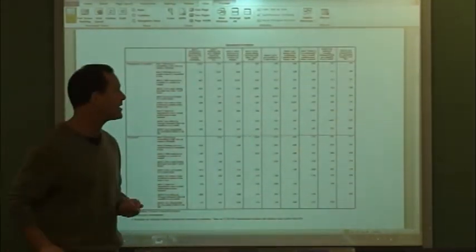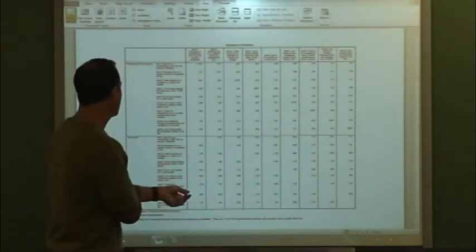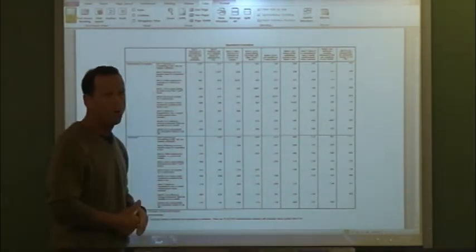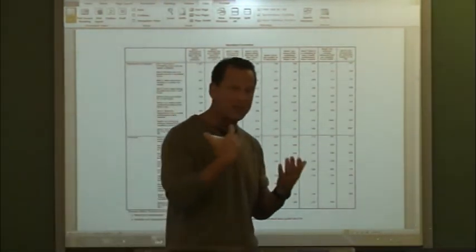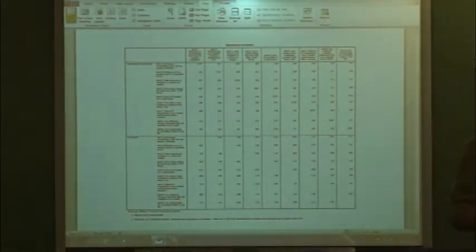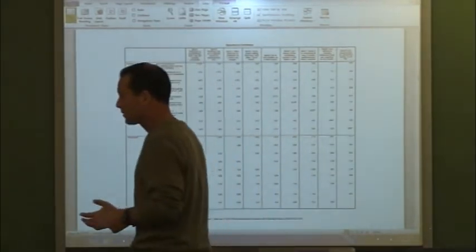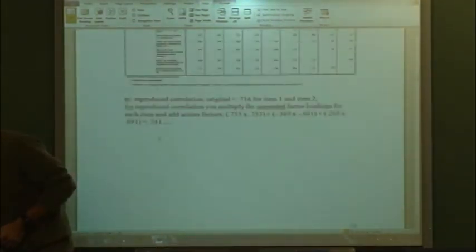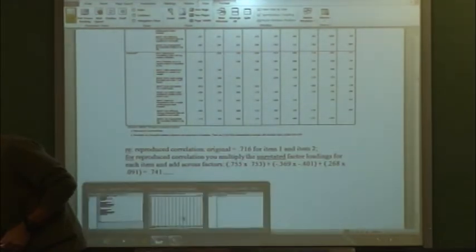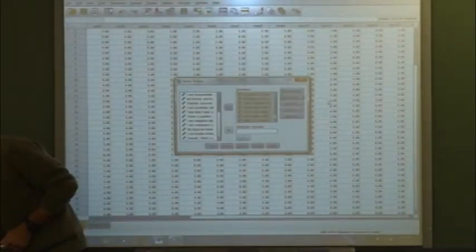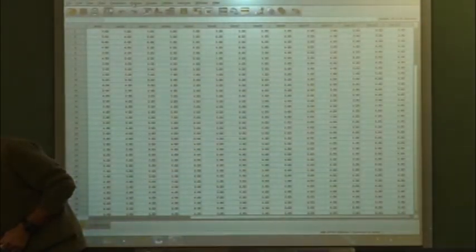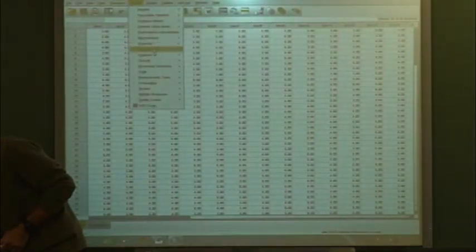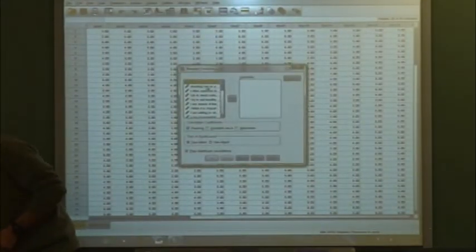I know this is hard to see, but ultimately you get what's called a reproduced correlation matrix. You get the initial solution, and you have your regular correlation matrix of the 9 variables. In other words, if I just went ahead and correlated the 9 variables, let's go ahead and go to correlate, 9 variables.